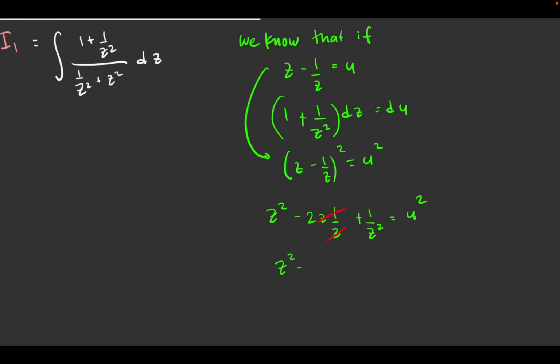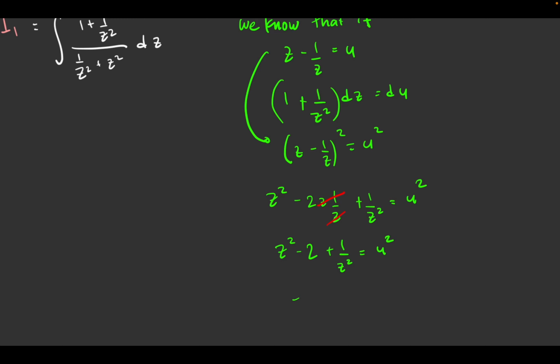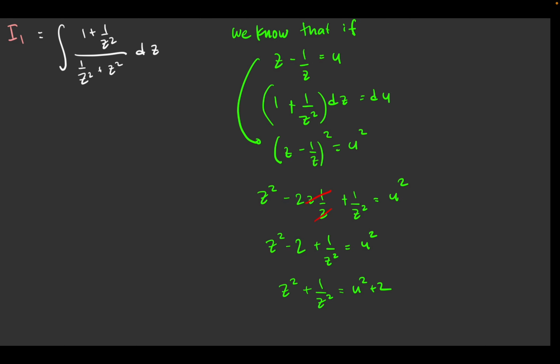Sige. Ulitin natin. Minus 2 plus 1 over z squared equal to u squared. Okay? And then, z squared plus 1 over z squared is equal to u squared plus 2. Ayun. So, from here, I have this definition which takes this form. Okay. And then, I have this definition as well for my numerator.